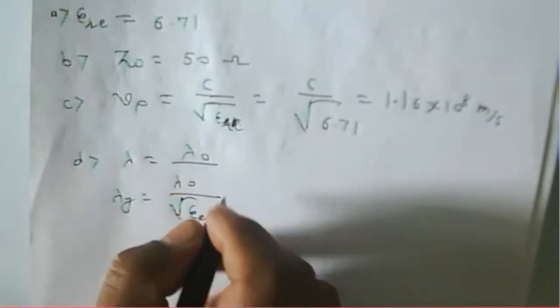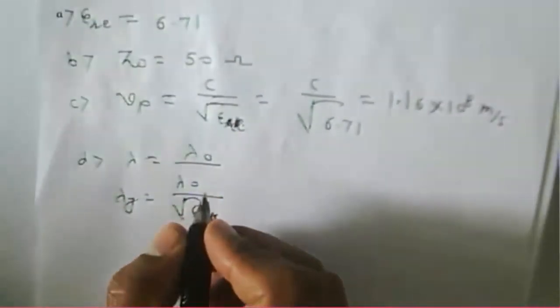But I have directly the equations for solving this microstrip line. First of all, take the microstrip line. Generally, we say that lambda g is equal to what? Lambda 0 by root epsilon effective.